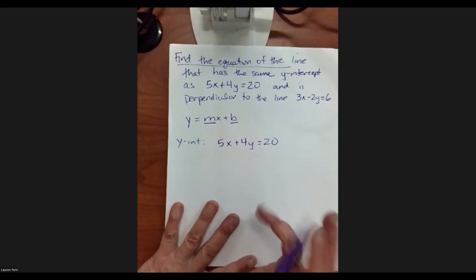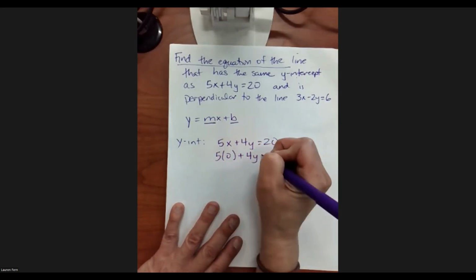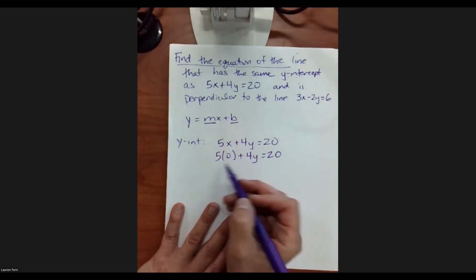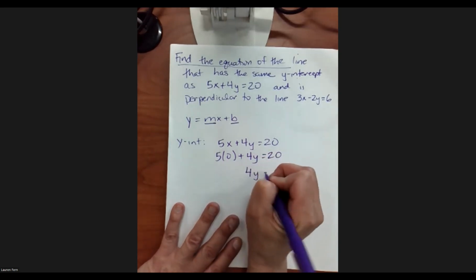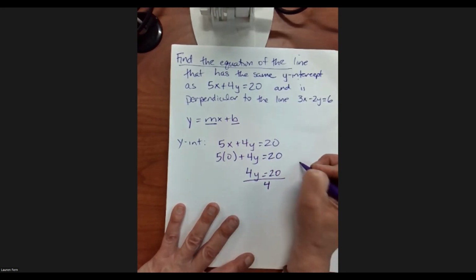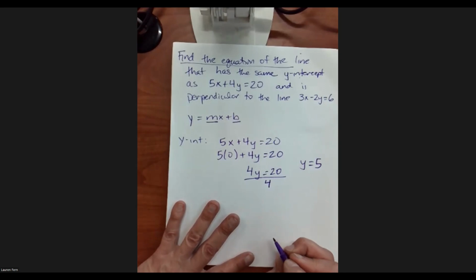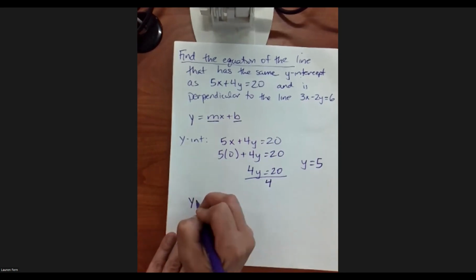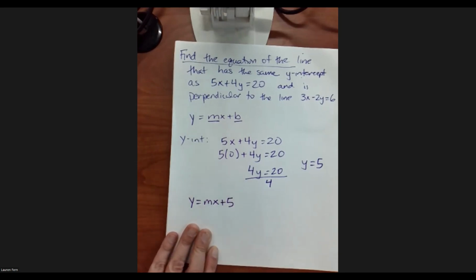Okay, so 5 times 0 plus 4y equals 20. What happens to this term? Bye-bye. So we get 4y equals 20. Divide both sides by 4. And what do we get? Yep. So at this point, we have our line to be mx plus 5.